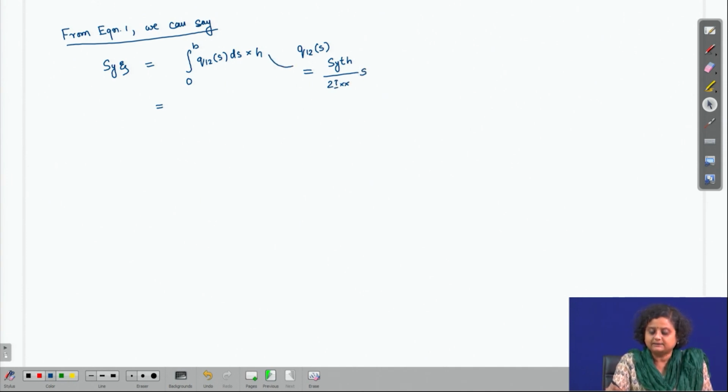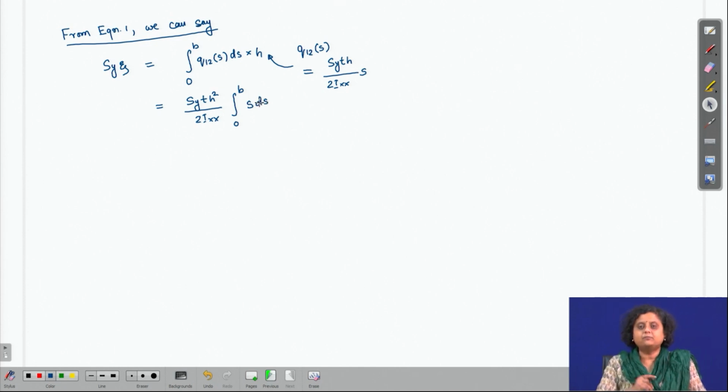If we plug this in here, we will get Sy Th square by 2Ixx into the integral from 0 to b of s ds.